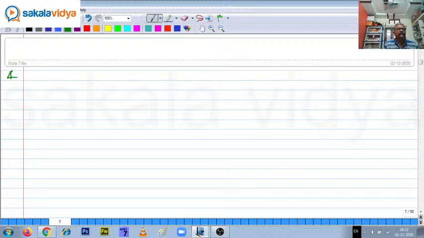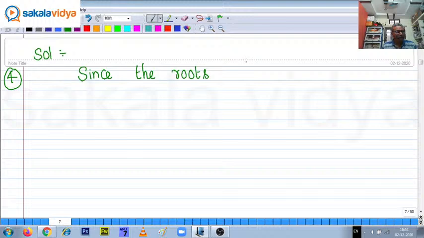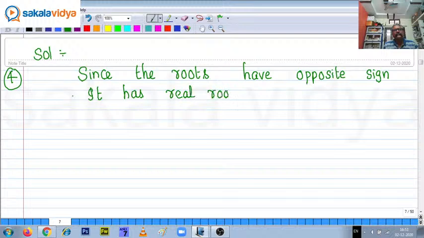So now the fourth solution. Since the roots have opposite sign, it has real roots and the product of roots is obviously negative.